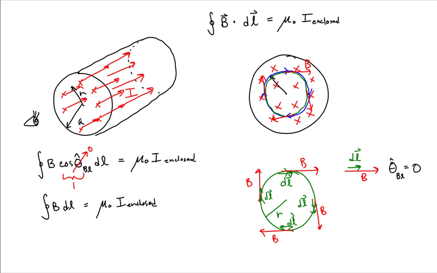Now our magnetic field is constant everywhere on the loop, so this is just the integral of dl equal to mu naught I enclosed. And when we integrate dl, we just get L. And L is just going to be the circumference of a circle.